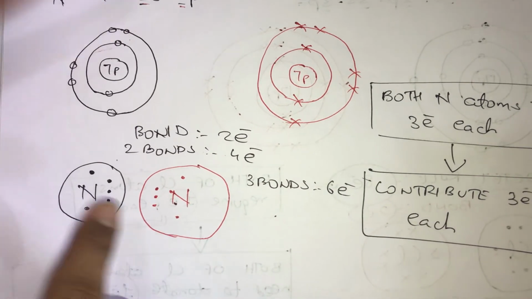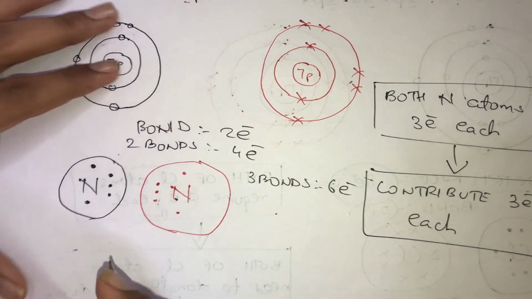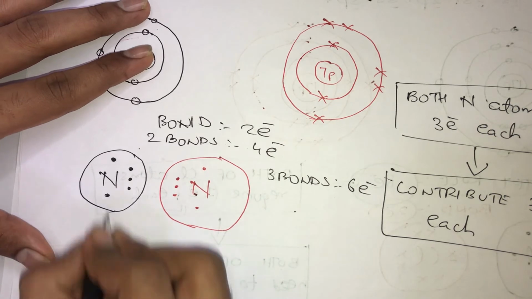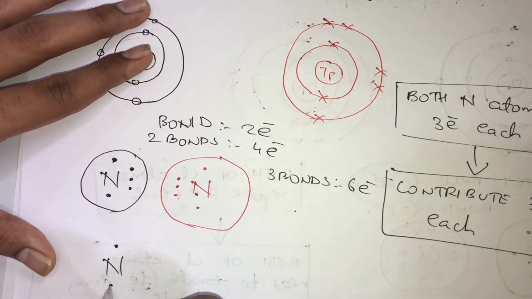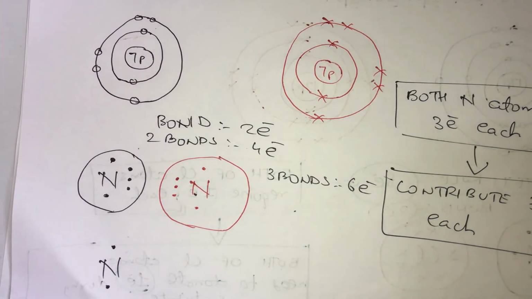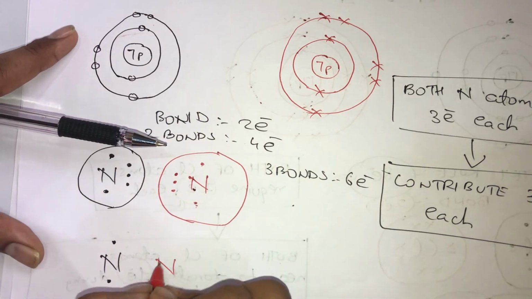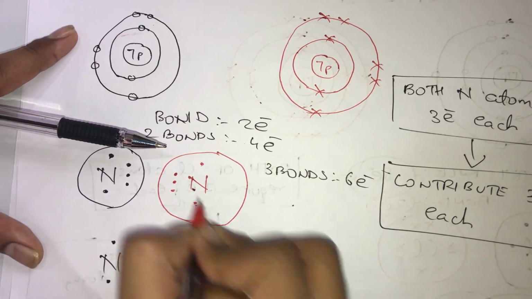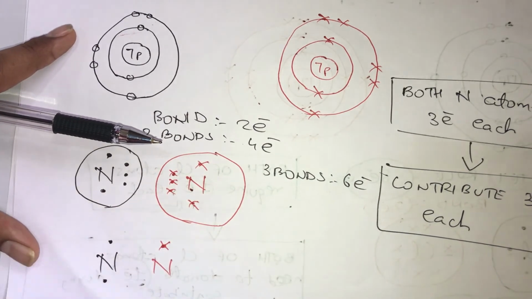Now here let me draw first. Okay, this 1 electron and this 1 electron as it is. Then again for this nitrogen atom, this 1 electron and this 1 electron as it is. I have drawn my arrow over here, that doesn't make any difference.